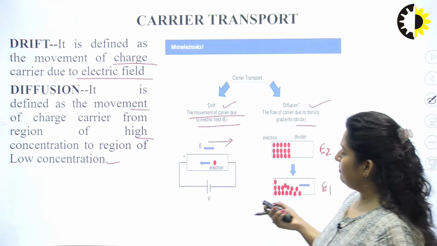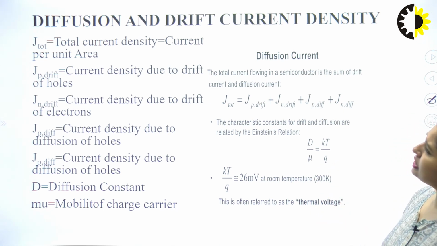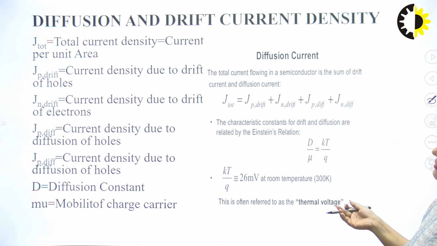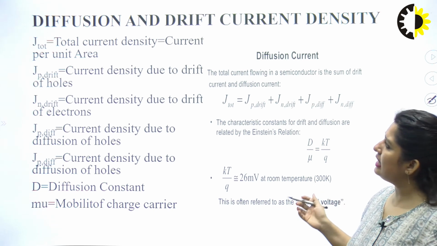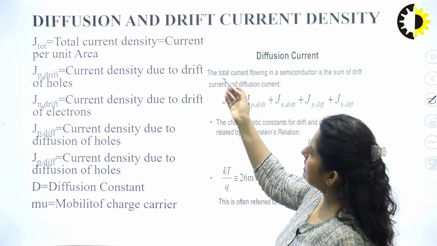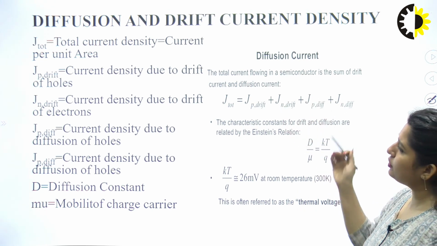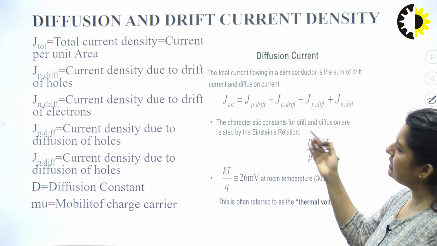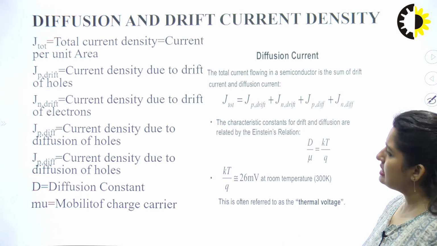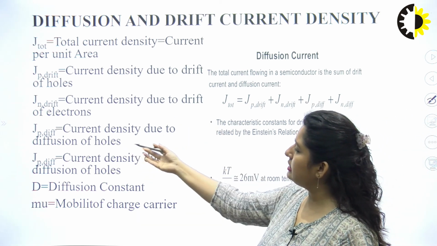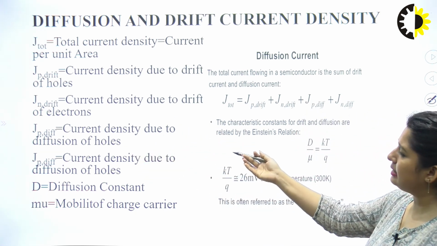We have defined these diffusion and drift currents in terms of drift and diffusion current equations. We have the total current density, that is current per unit area. JP drift is the current density due to drift of holes. JN drift is the current density due to drift of electrons. Similarly, there is terminology for diffusion: JP diffusion and JN diffusion.